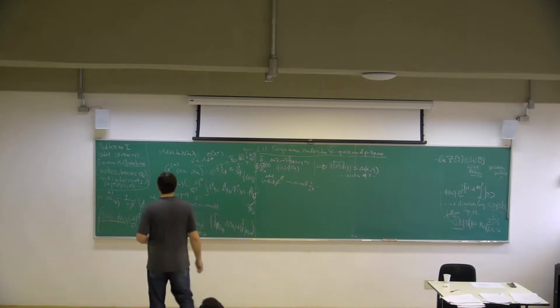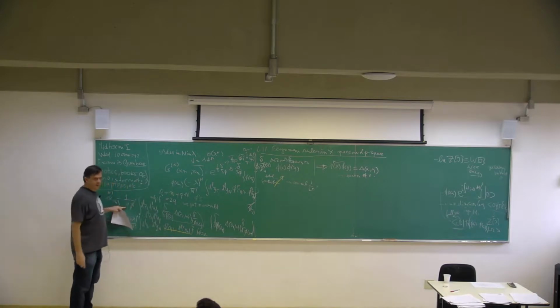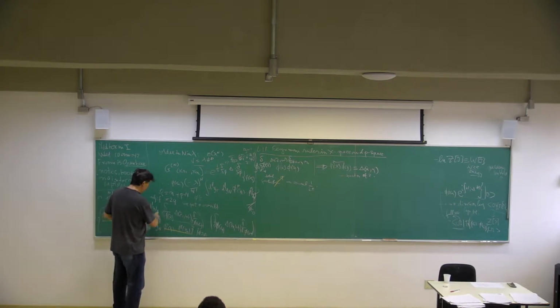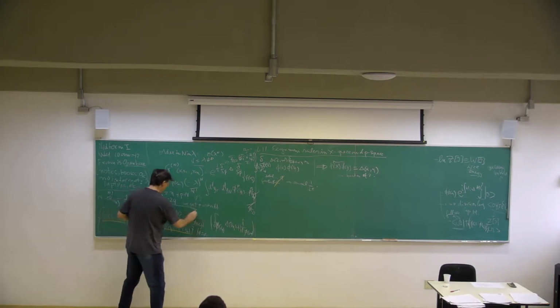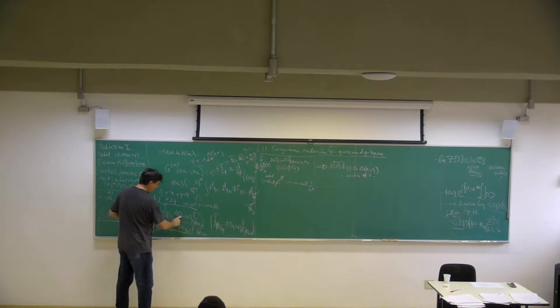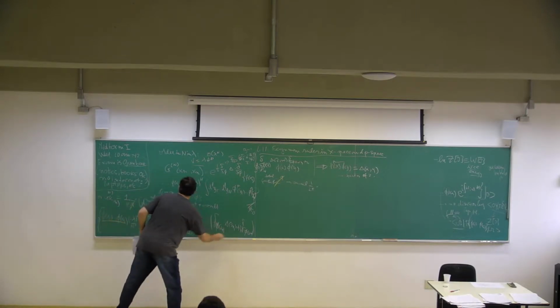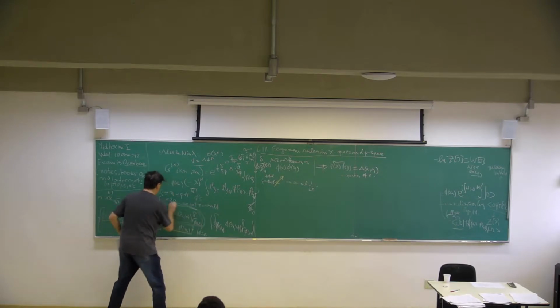And also there's 1 over q factorial, but that also cancels because I have q of these factors. Here I have different z's, but they're all integrated over. They're dummy variables, so it doesn't matter which of these whole terms I choose.